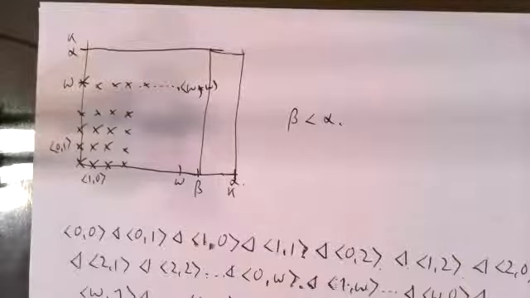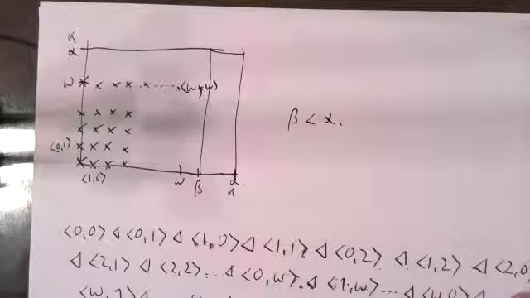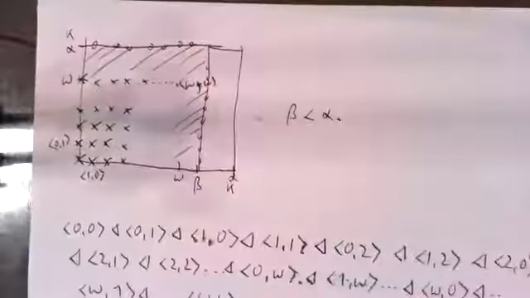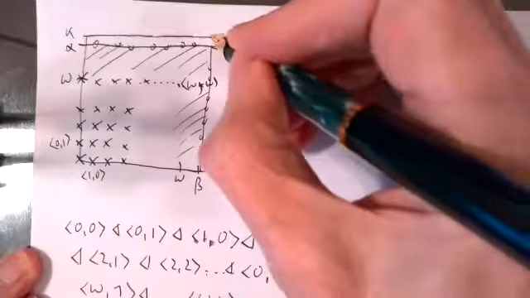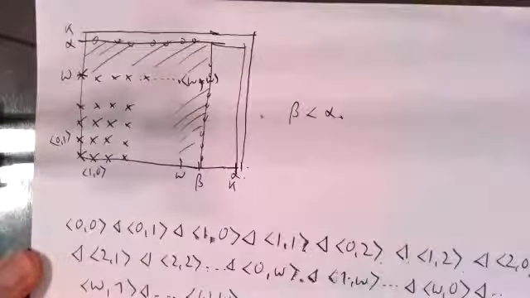So all the points that precede alpha, beta here are inside this square here, or perhaps they're on the line. But in any case, if I add one more, they're all strictly inside this box, if alpha is the larger of the two.